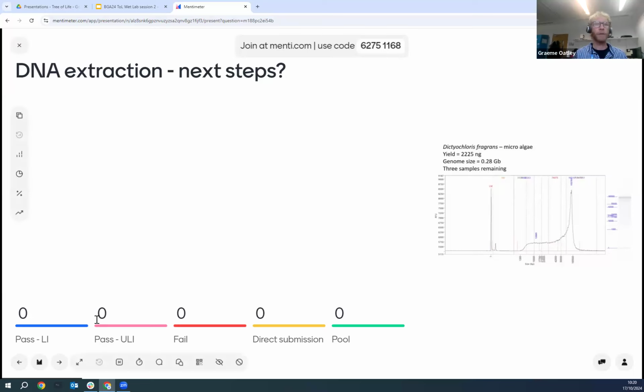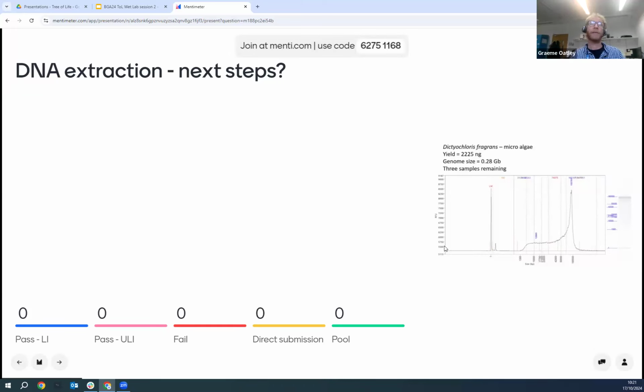At the bottom here, I've got some options that we can choose. We can pass for low input fragmentation, pass for ultra low input fragmentation, fail the extraction, make a direct submission, or pool our DNA. What I mean by pooling is that often when we have a DNA extract with an acceptable profile but the yield is too low, we perform a second or even a third extraction.